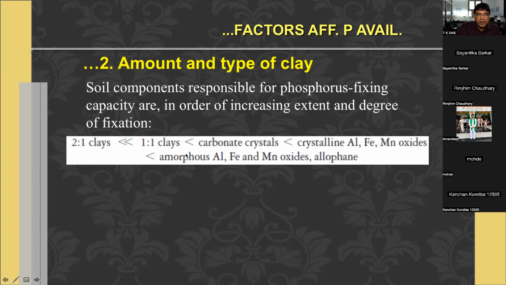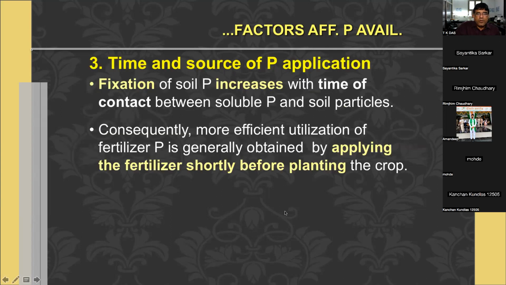If you move from right to left, the rate of fixation will be less. If you move from left to right, the rate of fixation will be more in increasing order. So 2:1 clays, 1:1 clays, then carbonate crystals, crystalline aluminum, iron, manganese oxides, then amorphous aluminum, iron, and manganese oxides like allophane.